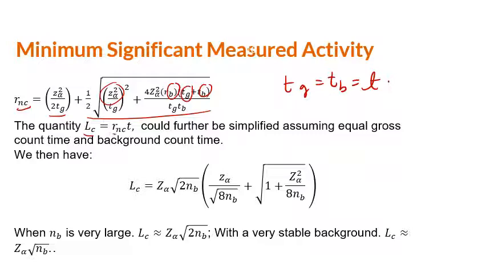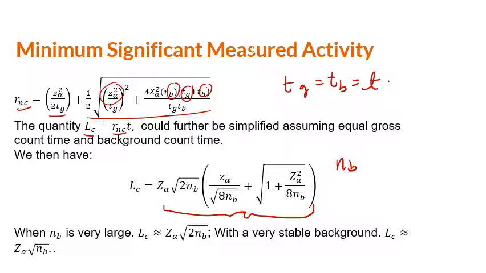LC equals RNC times T. So yan yung ibig sabihin na count, yung total count kung saan masabi natin na merong significant measured activity. Okay, if we compute for this, multiply yung RNC by T, we would arrive at this equation. Okay, and when NB, yung background count, is very, very large, this usually happens if we let T become very, very large.